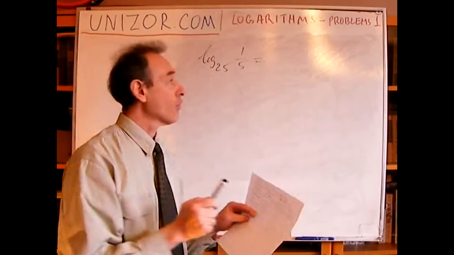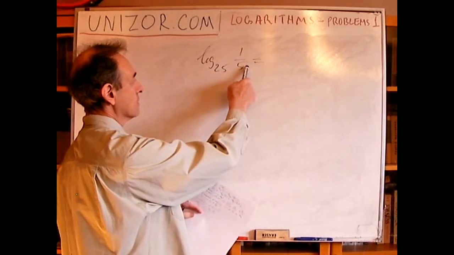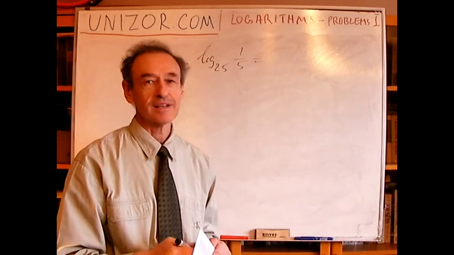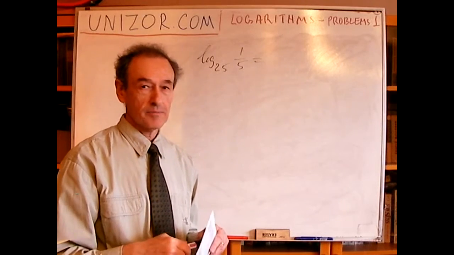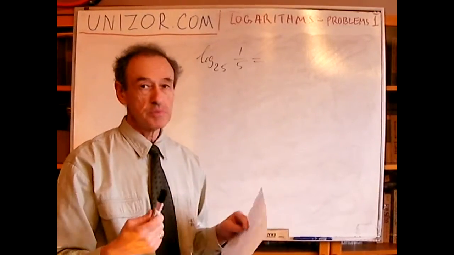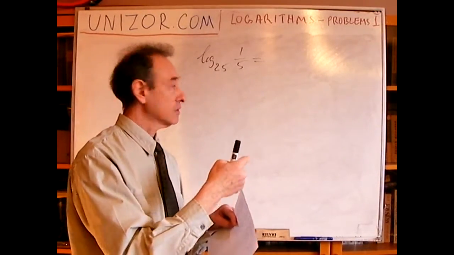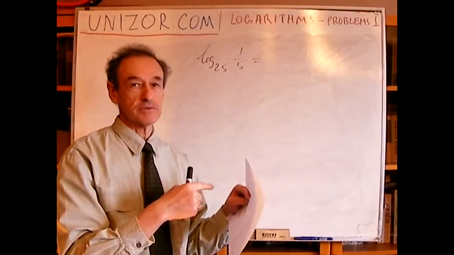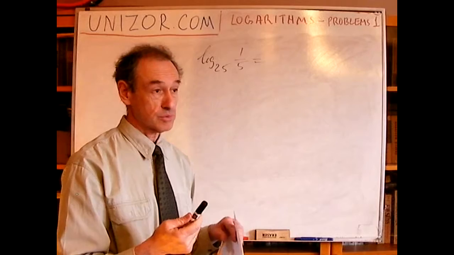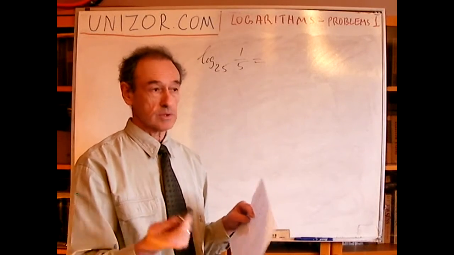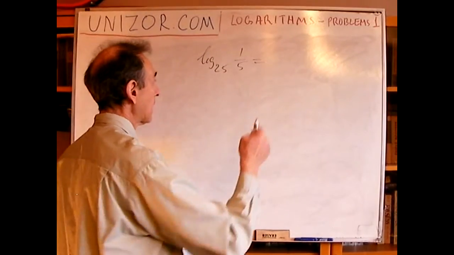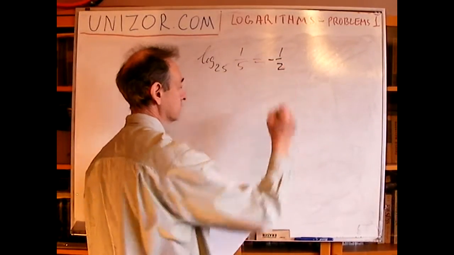As I was saying before, this thing is greater than 1, this thing is less than 1, so most likely, I mean, definitely, not most likely, definitely our exponent, the power we have to raise 25 to, should be negative. So 25 becomes 1/25. Now, how to get from 1/25 to 1/5? Well, you have to really extract the square root, right? Square root of 25, which is the power of 1/2. So my guess is it's minus 1/2.